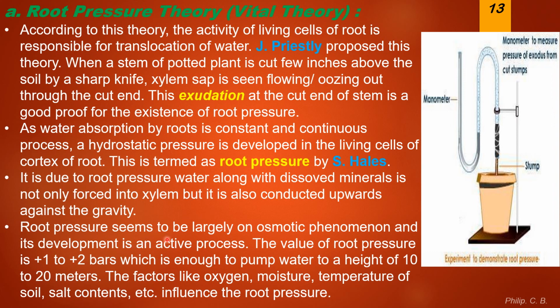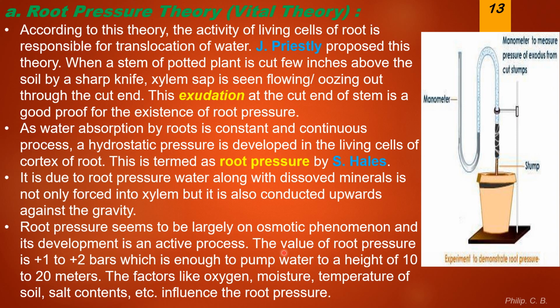So the root pressure seems to be largely an osmotic phenomenon, and its development is an active process. The value of root pressure is +1 to +2 bars, which is enough to pump water to a height of 10 to 20 meters. So with this simple process of root pressure theory, we can easily identify how the osmotic phenomenon takes place by an active process.